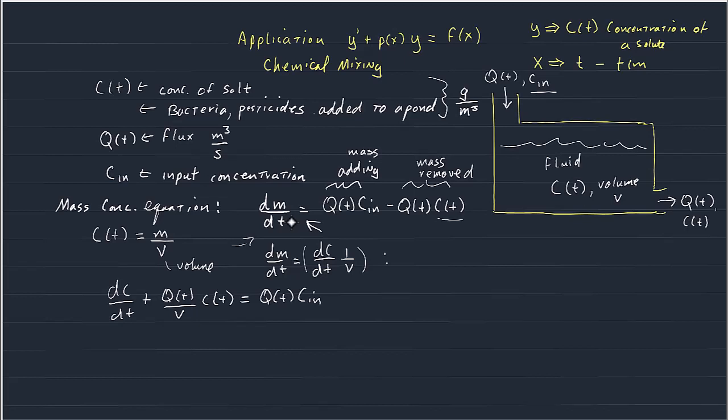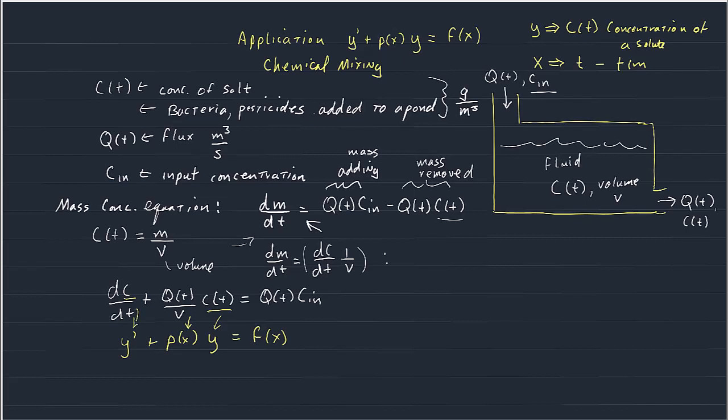And this is our differential equation. This is our basic form of y prime plus p of x times y, so this is only dependent on the independent variable t, and we have y is equal to our forcing function. So again, c is y, and dc dt is y prime.